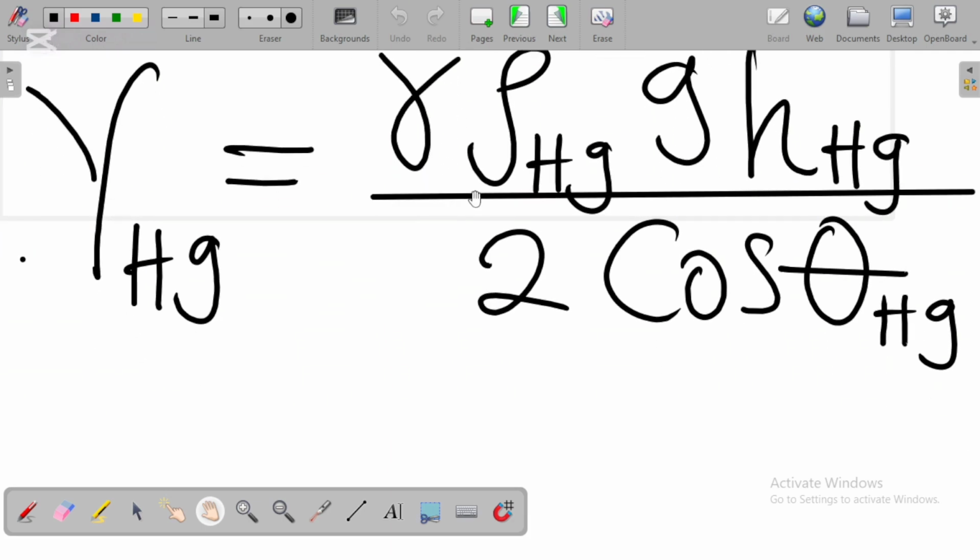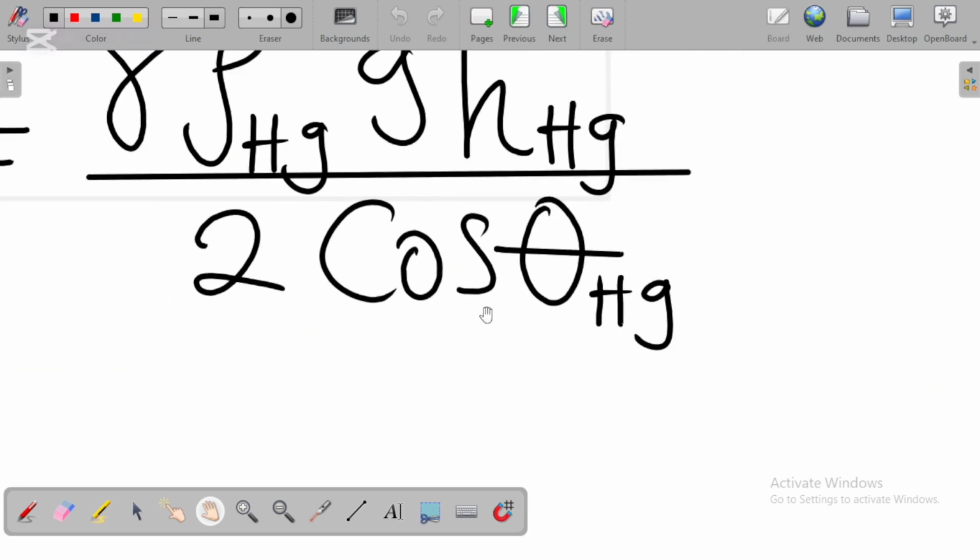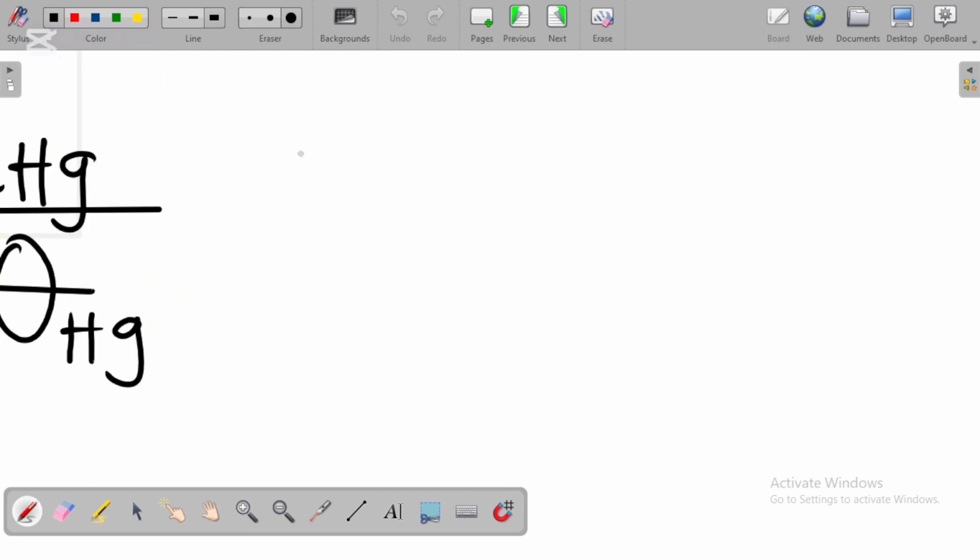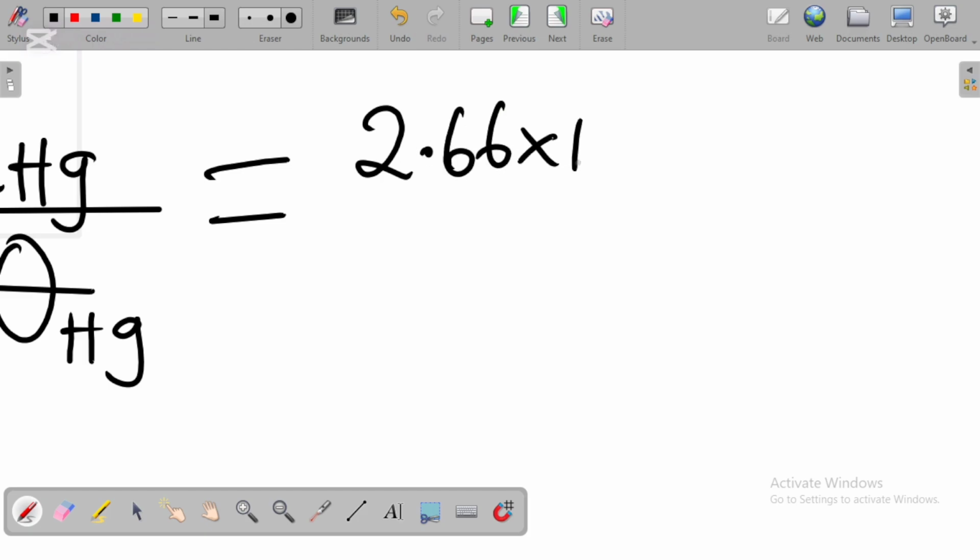So we can now substitute into this equation. The surface tension of mercury is equal to the value of R, which is 2.66 times 10 raised to the power negative 5.